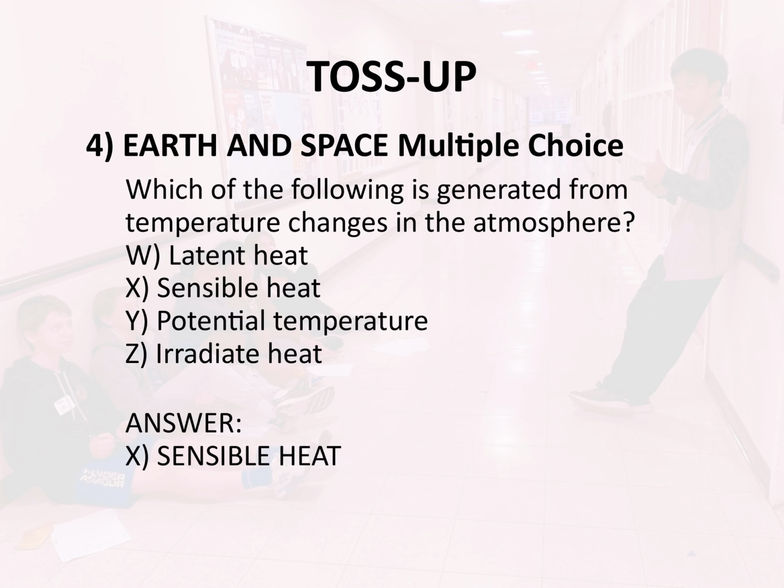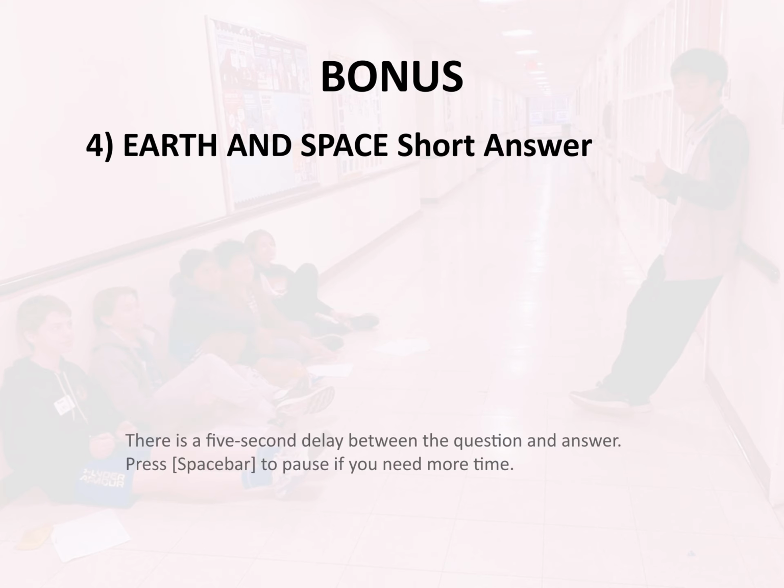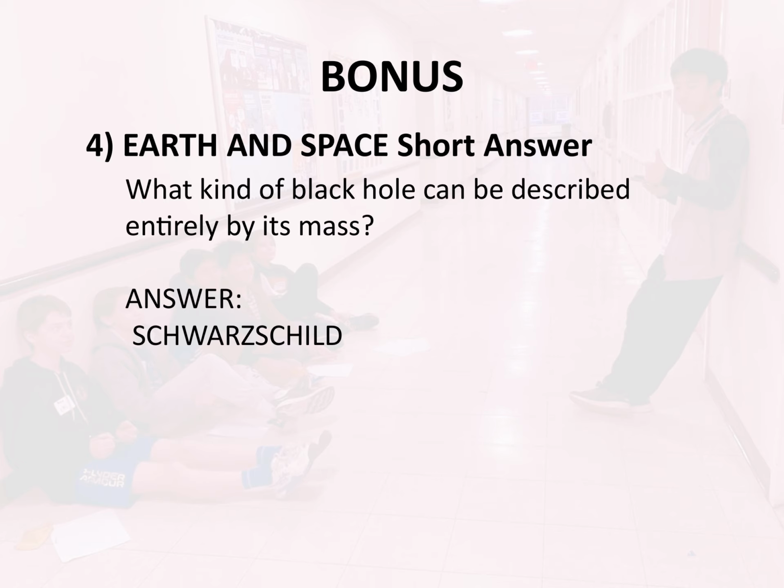Answer, X. Sensible heat. Bonus 4. Earth and space. Short answer. What kind of black hole can be described entirely by its mass? Answer. Schwarzschild.